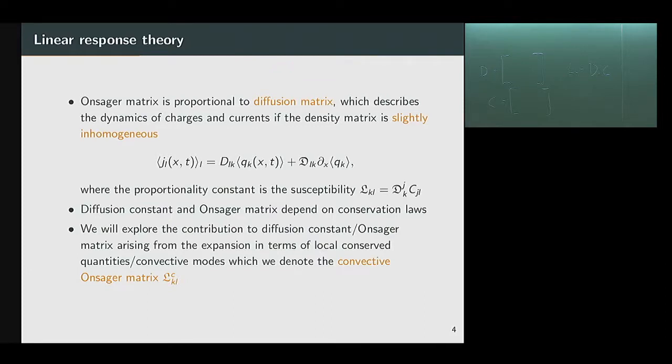In particular, what I'll do here is show what kind of contributions to the diffusion constant and Onsager matrix arise due to the existence of convective or ballistic modes, so some conserved charge densities. This contribution to the Onsager matrix I'll denote by L^C, as for convective.